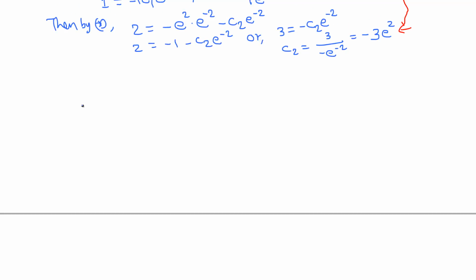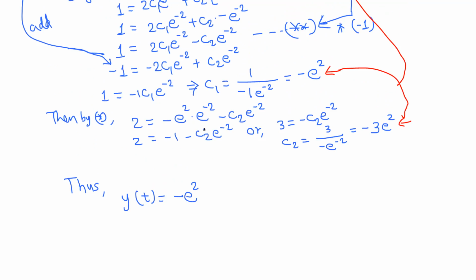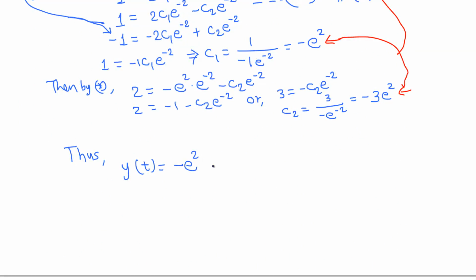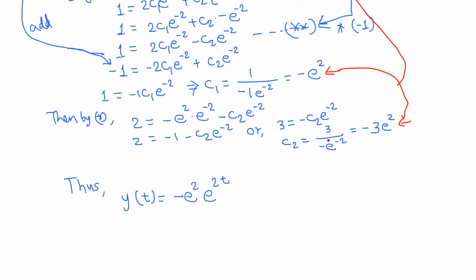So thus the final answer is y equals c1, which we just found to be -e squared, times the solution here, e to the 2t, plus c2, which is 3e squared, times t e to the 2t.